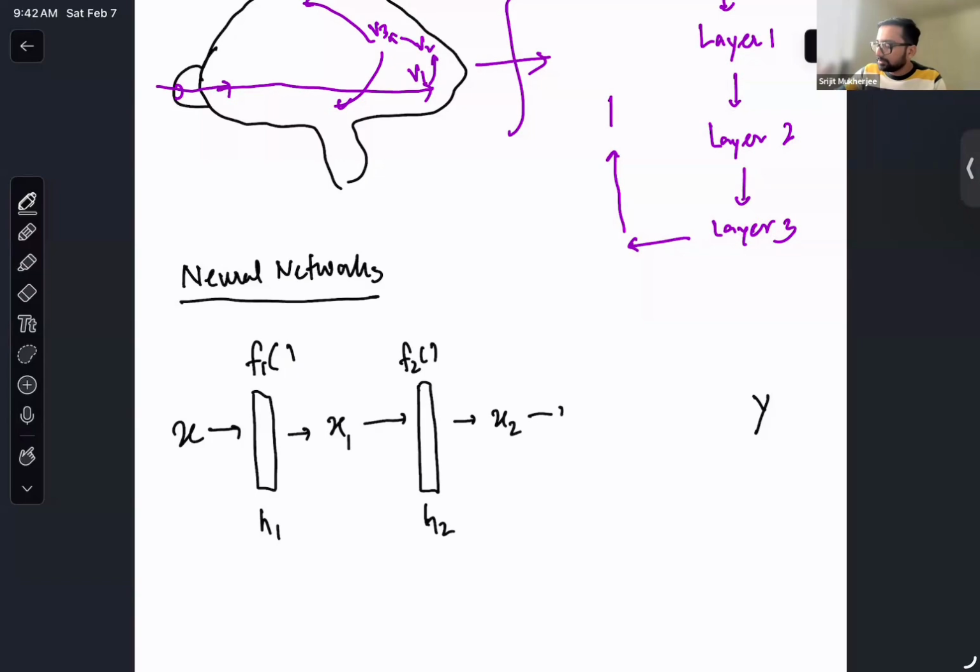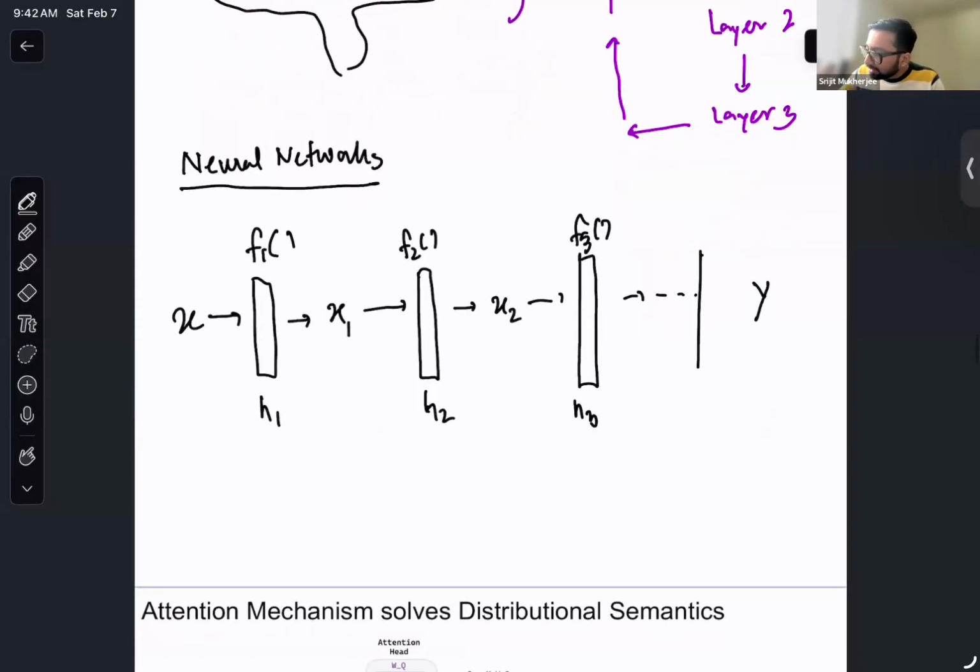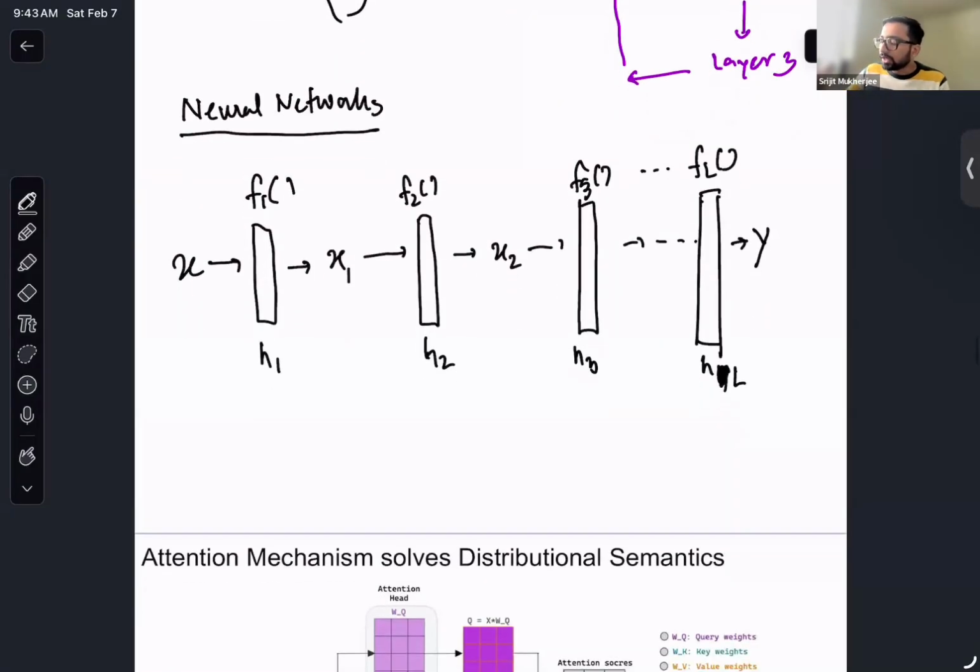Then X2. Then H3. This is the third function. So these outputs are being processed. And then you get the final layer, let's say L layers, F of L. So you can represent this Y as, or rather Y hat. And then there is a loss function between them and the actual Y that you want to minimize using gradient descent. All of this, gradient descent and those things, are briefly discussed in the neural networks sessions, guys.